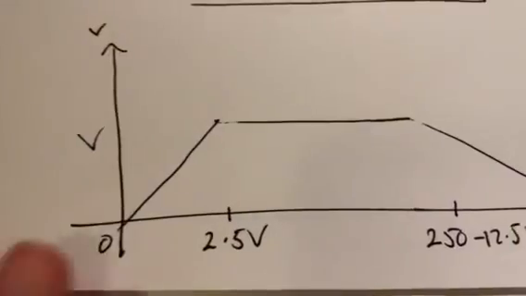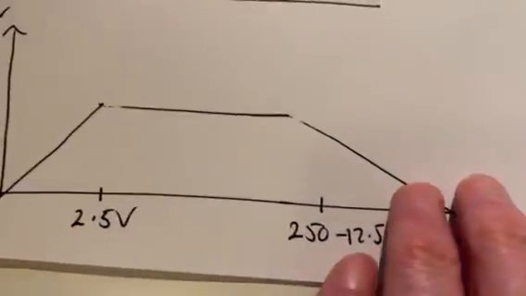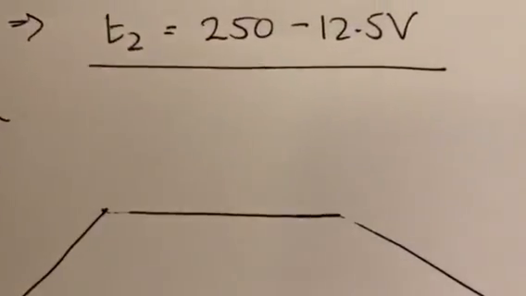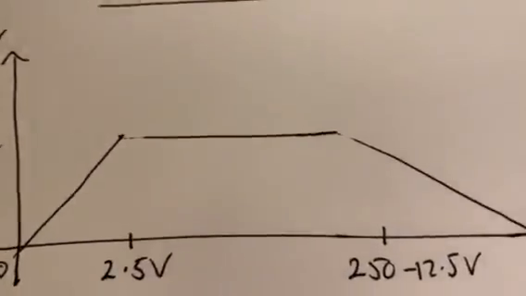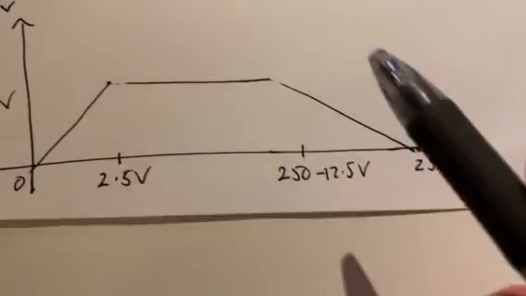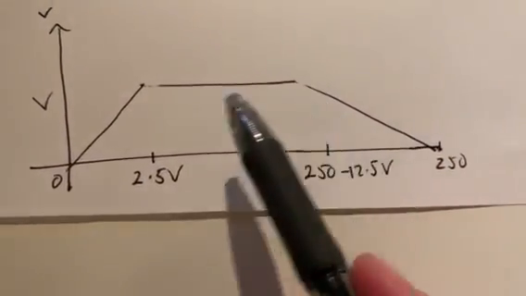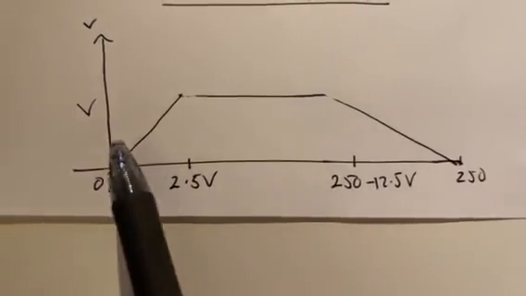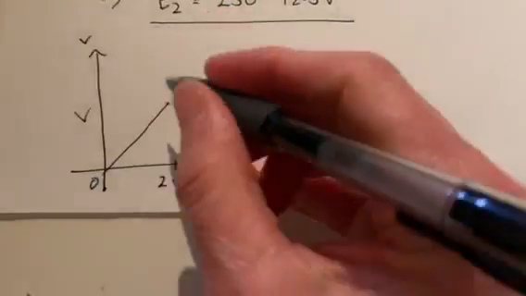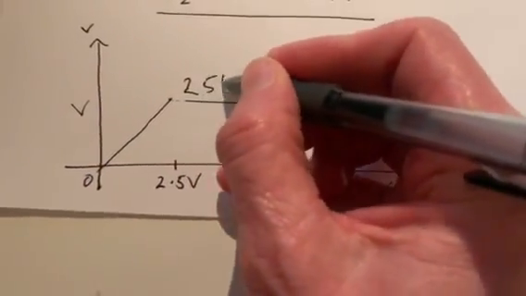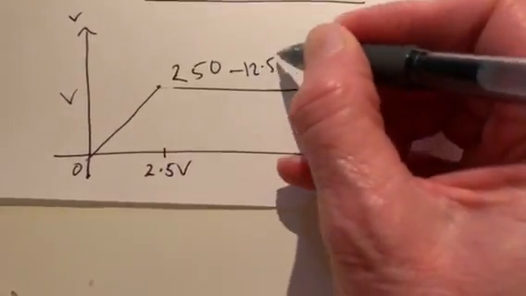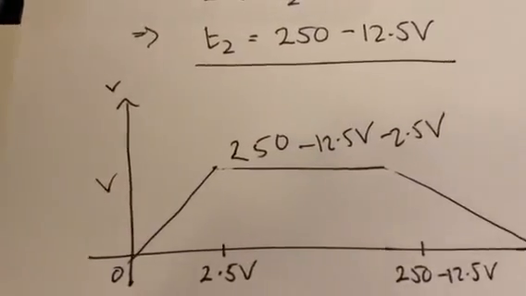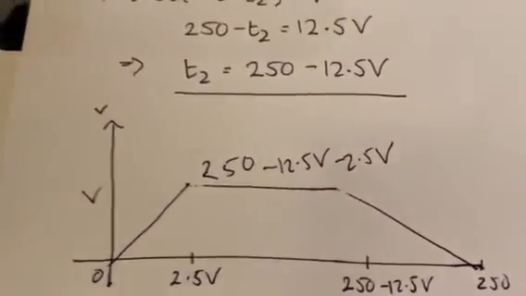I've got my first time, which is 2.5 V, and my second time, which is 250 minus 12.5 V. Now I'm going to work out the time over here. If that is 250 minus 12.5 V and this is 2.5 V, this is going to be 250 minus 12.5 V take away 2.5 V, which simplifies to 250 minus 15 V.